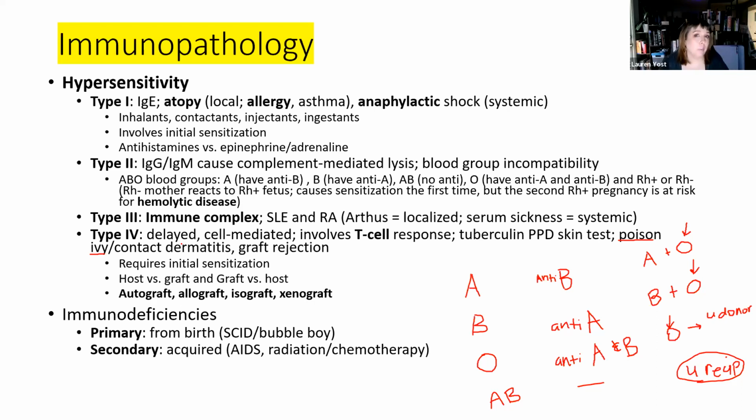If you get a bone marrow transplant and that bone marrow didn't match enough, then remember, bone marrow is where our lymphocytes actually originate. So then you can have the donor's bone marrow actually creating cells that can attack your cells. So that is graft versus host. So that's the difference between those.